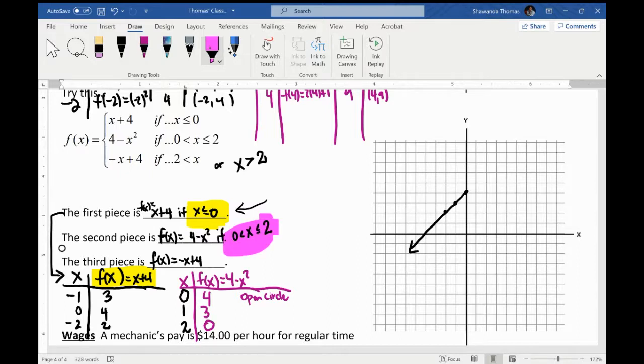Right, it's not an equal to sign over here on the left. It says x is greater than 0. It's not equal to 0, it's greater than 0. So that's why we put an open circle there to indicate that for this particular piece, it does not touch 0. But it's already filled in, so it really didn't matter, right? We're good.